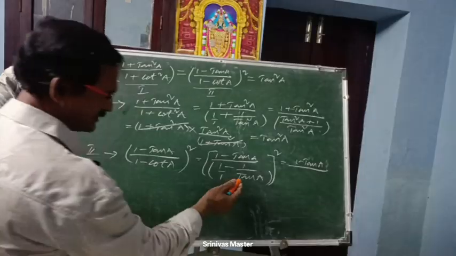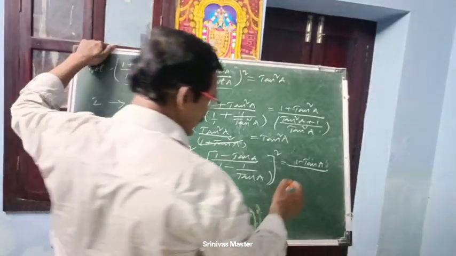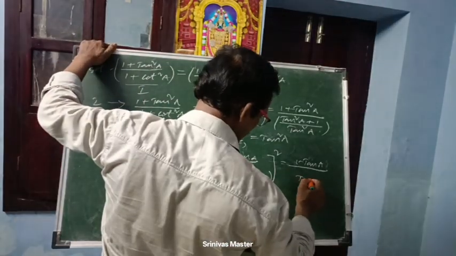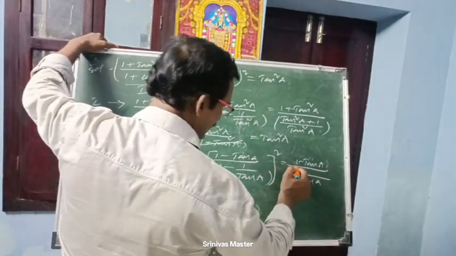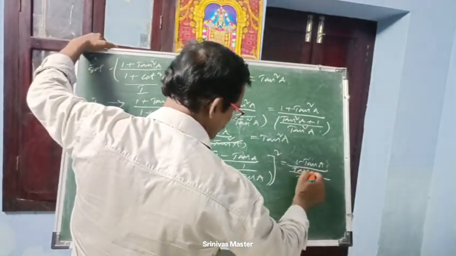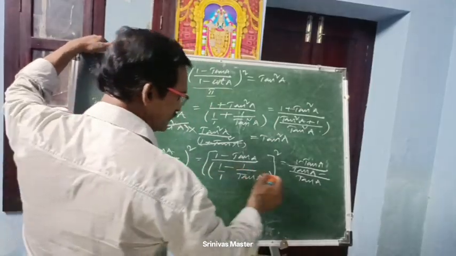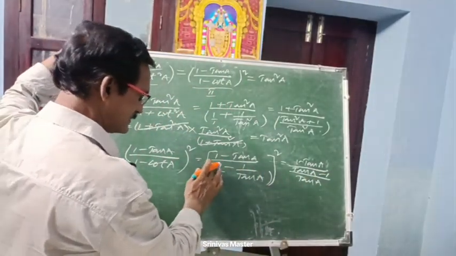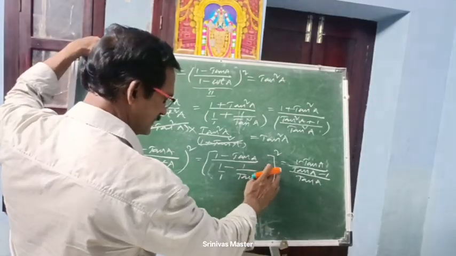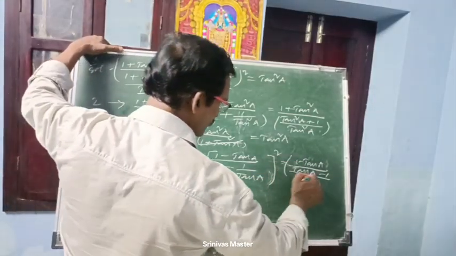By, here what is the LCM? Tan A is the LCM. So whenever taking the tan A LCM, what will 1 into tan A become? Tan A minus 1 into 1, 1. Actually this bracket is also not compulsory. See, now this is whole square.